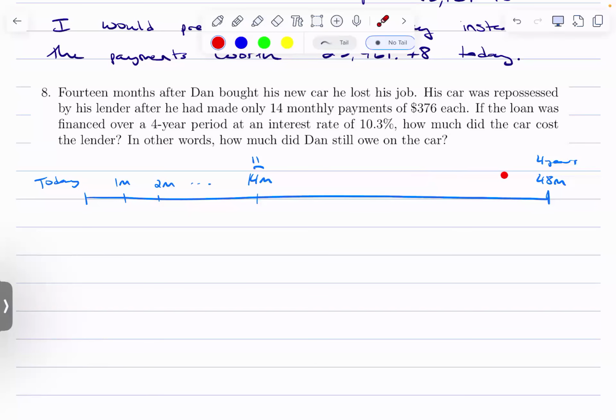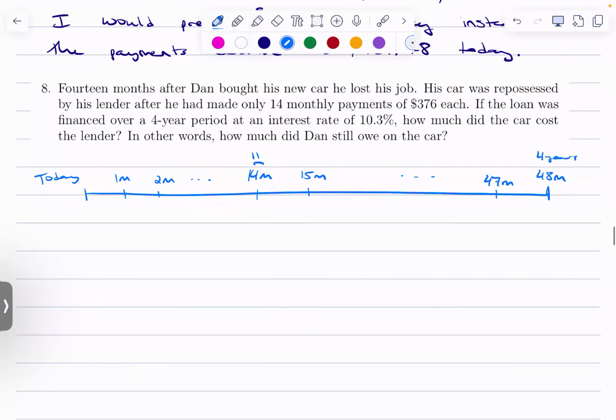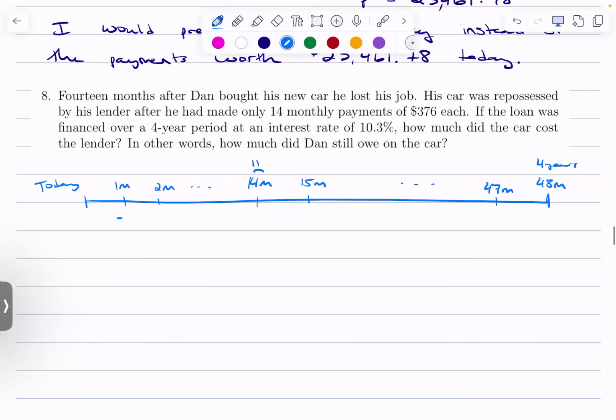And so what I want to do is map out, okay, let's see here. 15 months all the way up to, let's say, 47 months. And he had committed to paying $376 every single month for 4 years. But here, this is where he lost his job.